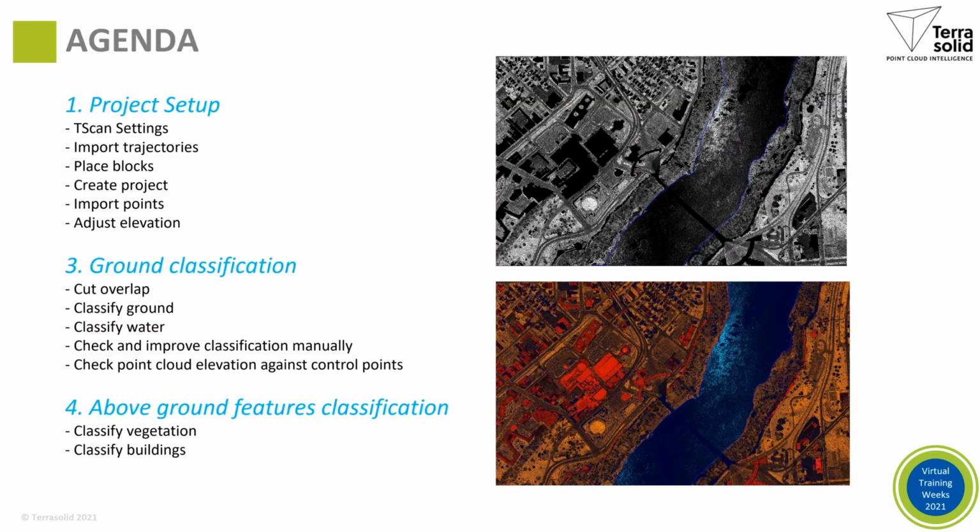About the agenda. We will go through the project setup, how to change the settings in DataScan, import the trajectories, place blocks for project creation, and import the points. Then after this part, the data will be split into smaller pieces, and we will go to data classification.